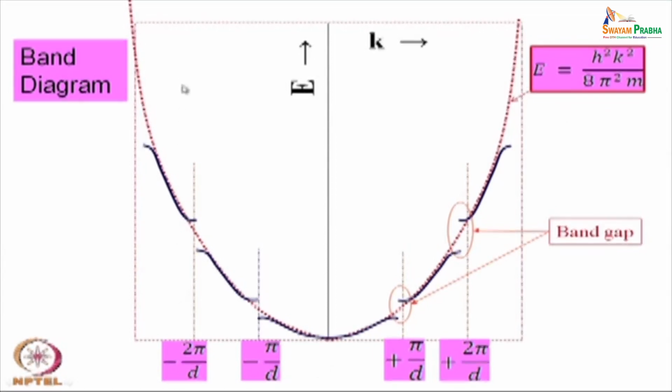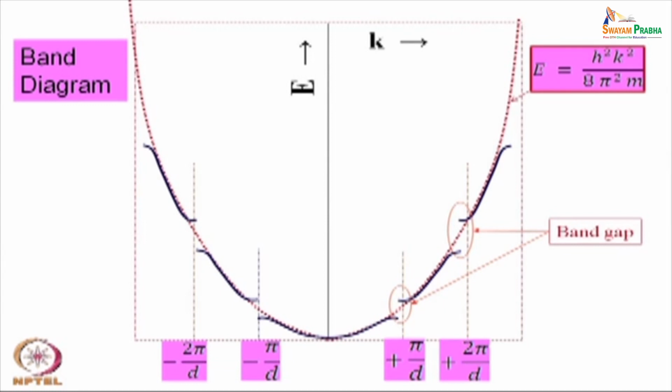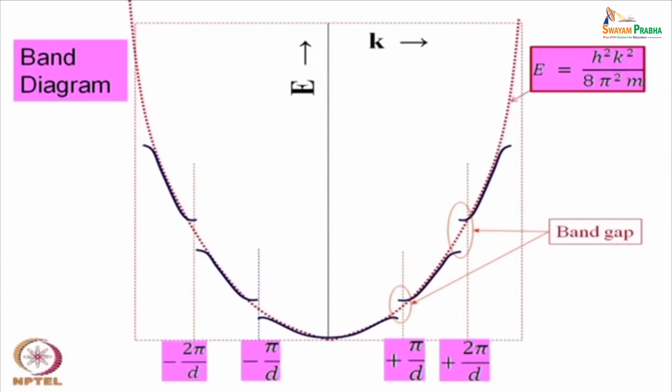There is a lot of similarity so far as the E-k curve is concerned between the free electron theory and the band model, with the exception that there are discontinuities, and these discontinuities explain many of the different properties which we encounter in reality.